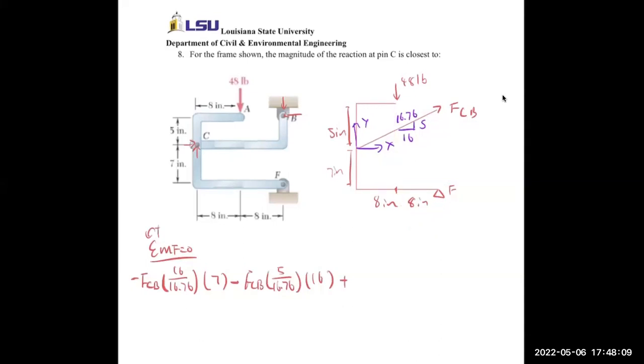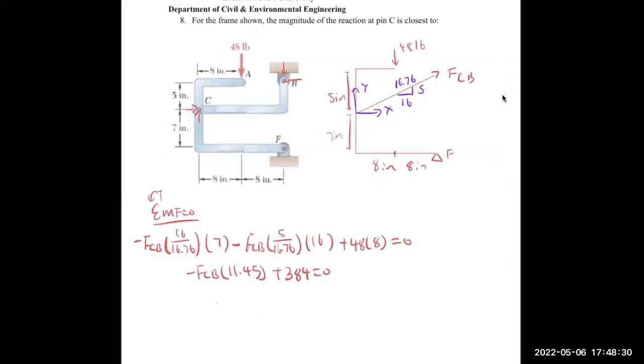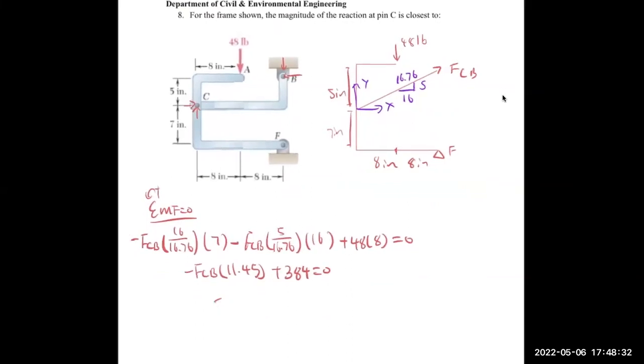So plus 48 multiplied by 8 equals 0. Simplify this down: negative FCB multiplied by 11.45 plus 384 equals 0. Then solve everything in terms of FCB. We're going to get FCB equal to 33.5 pounds.